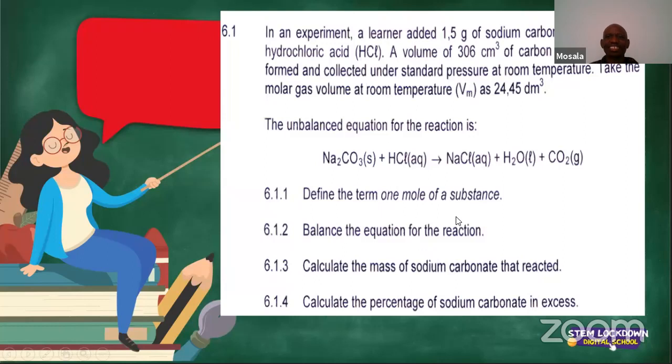So let's just write what we were given here. You were given the amount of sodium carbonate, which was 1.5 gram, and also we are being told that the volume of carbon dioxide that was released was 306 cubic centimeters.